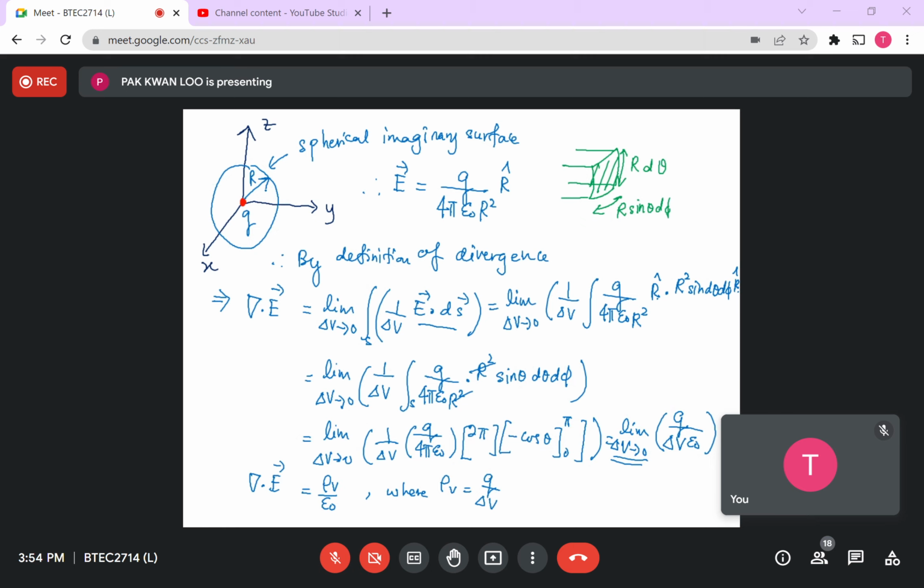So now, as I'm trying to tell you, from this definition I'm going to further extend this knowledge to how we relate the divergence theorem.